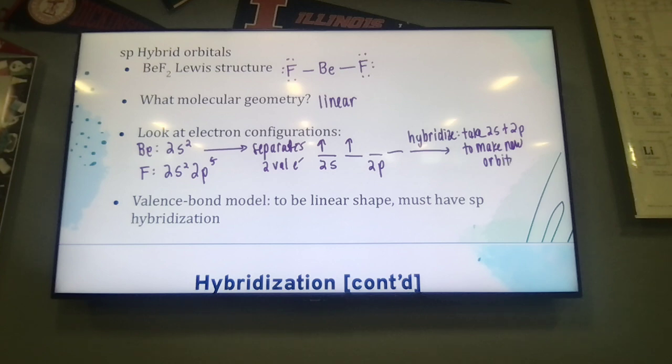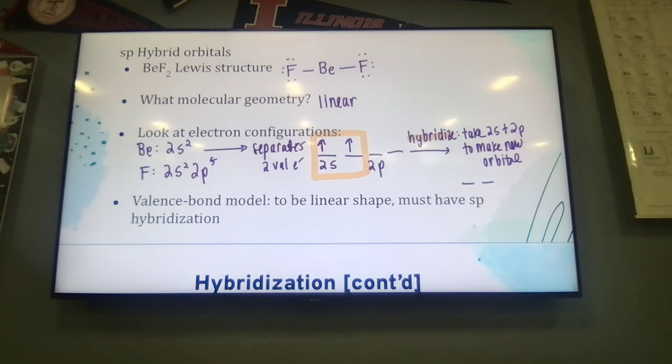All right, now, however many orbitals you put in is how many you're going to get out. They're going to be hybrids instead of s's and p's. So we're going to take an s and a p, so there's two orbitals. We're going to hybridize them. So we're going to get out two new orbitals.